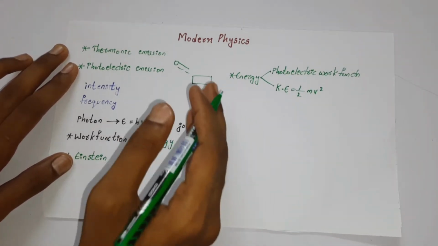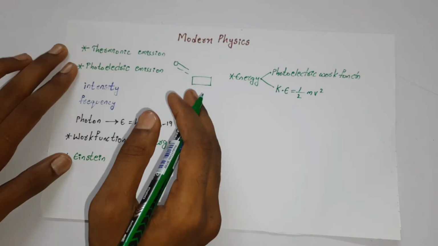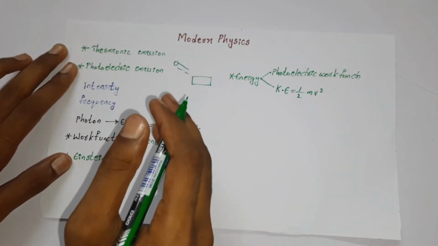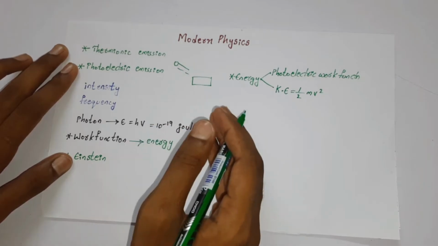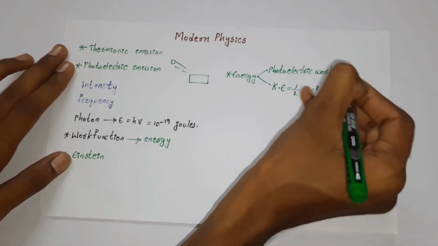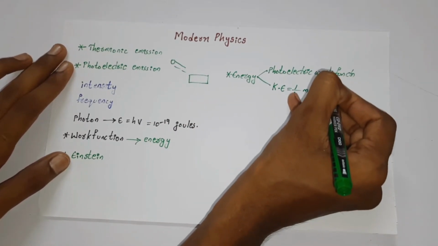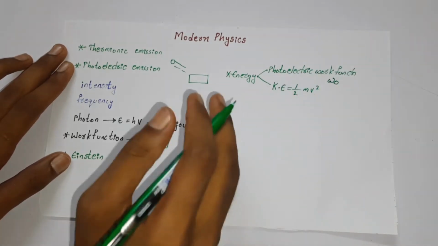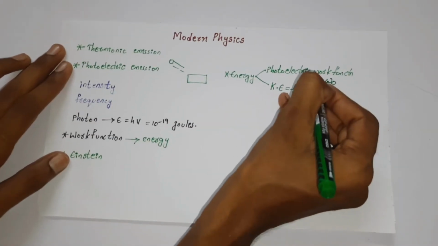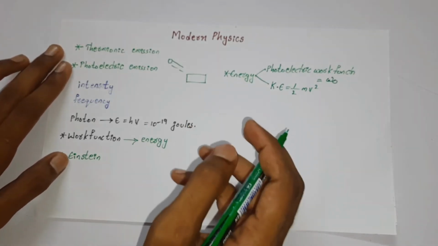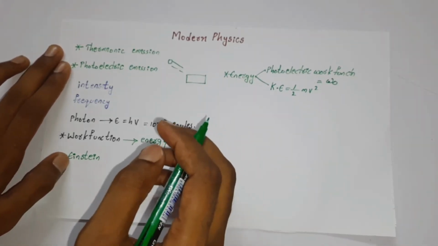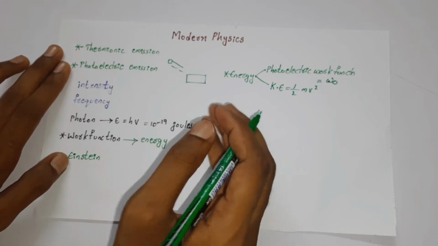That is the photoelectric work function, which states that it is the threshold energy required by the radiation to make the electrons free from the metal surface, and which is also denoted by W naught. The second part of the energy is used to create the kinetic energy, which is half mv square.